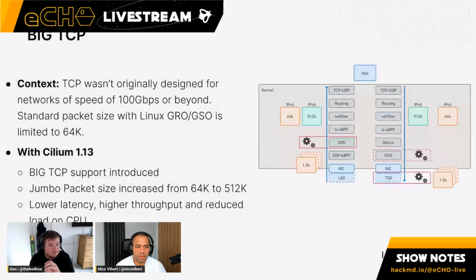So BTCP was created by some Linux kernel experts at Google, and it was merged into the 5.19 kernel, which came out in June. And by August, we had support of this feature in Cilium in one of the early release candidates for 1.13.